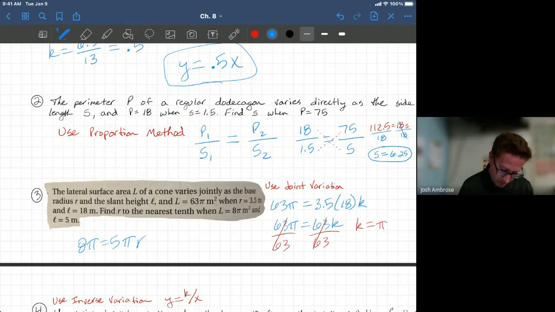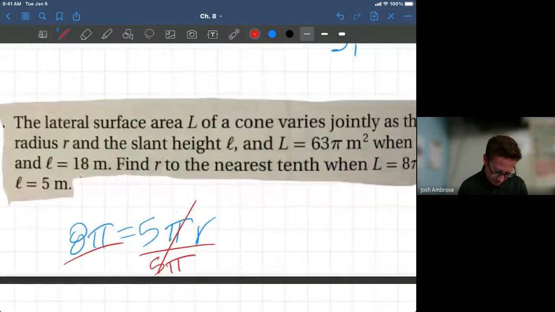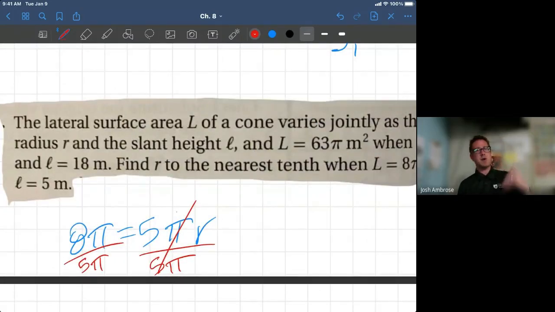All right, now how do we get R? Divide both sides by 5 pi because we want to get R completely by itself. Cross that out. We can zoom in here. This is why we kept it in terms of pi, because the pi will cross out, leaving you with just 8 over 5.